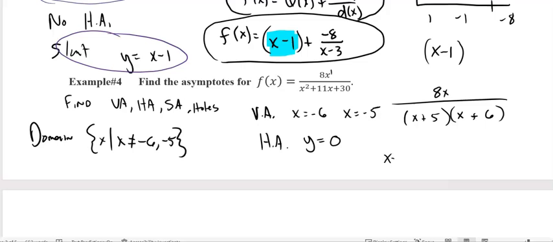What about the x-intercept? Remember, to find the x-intercept, I take my function and set it to 0. So the idea here is 0 divided by any number is 0. So as long as my numerator is 0, and that result is in the domain of my function, I have an x-intercept. So I set my numerator to 0. That's how we find x-intercepts for rational functions. I just set the numerator to 0 and solve.